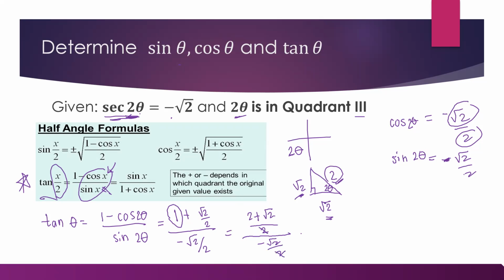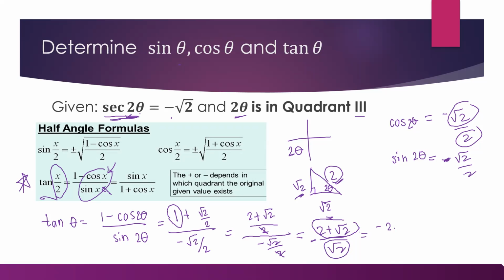Cancel the 2. What remains for tangent is 2 plus square root of 2 over square root of 2, negative of that. Okay? So, when rationalized, multiply the numerator by square root of 2 as well as the denominator.